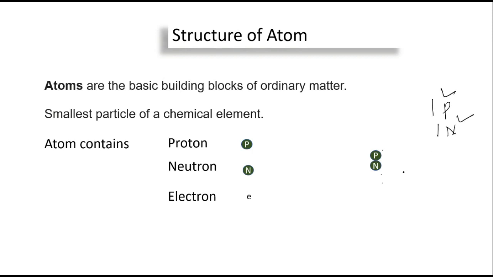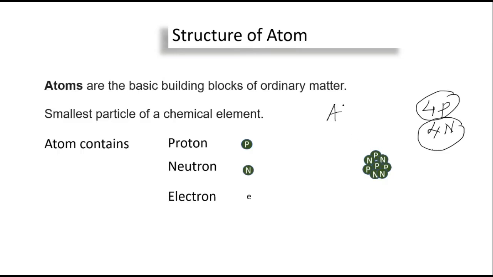Try to understand, it can be even two protons and two neutrons, or even more than that. Now here we have 4 protons and 4 neutrons. Now what did you observe in the previous examples and the present example? The number of protons and the number of neutrons are always equal. So this is the center of every atom.